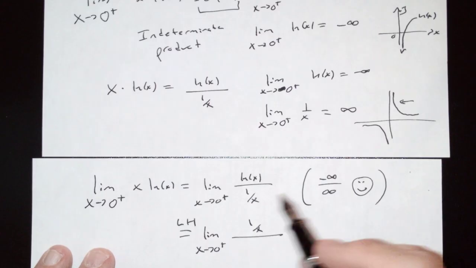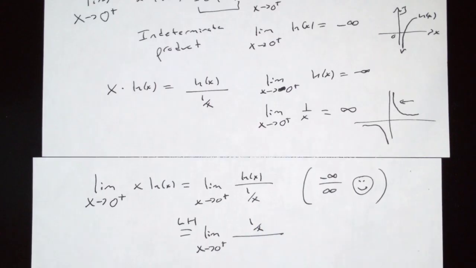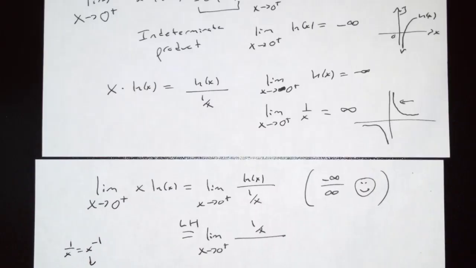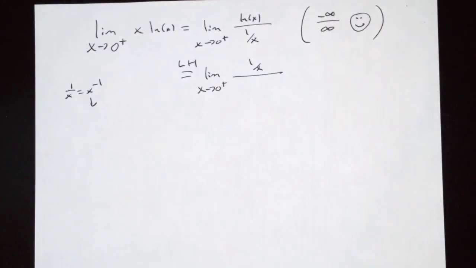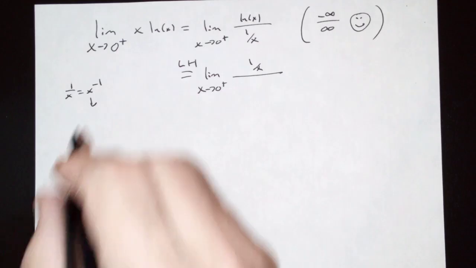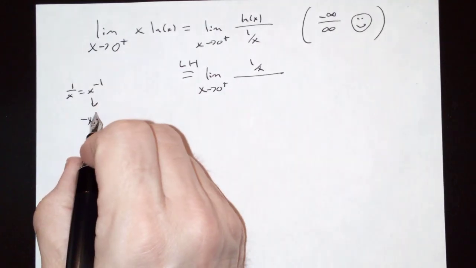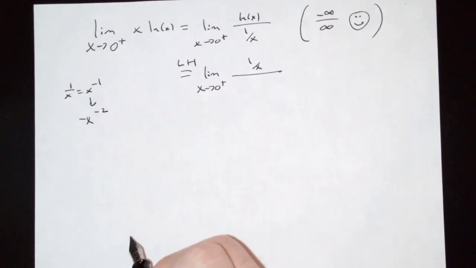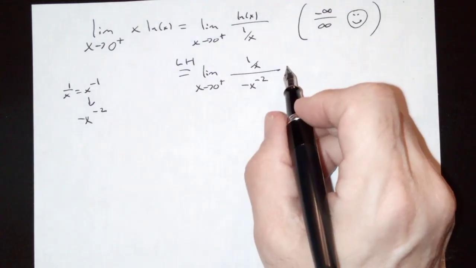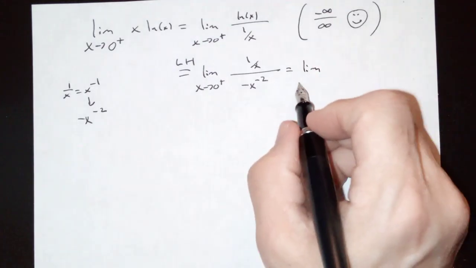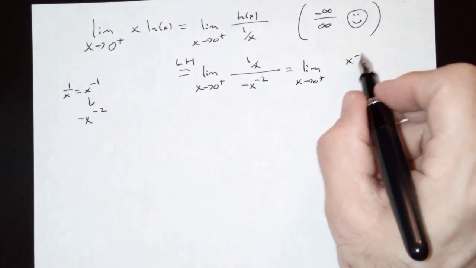Unfortunately, no. If it's 1 over x, I either have to rewrite it to be a product, a power, or I have to use the quotient rule. If I write it as x to the minus 1, what's the derivative? Negative x to the negative 2. Hey, wait a minute. This top is x to the minus 1.